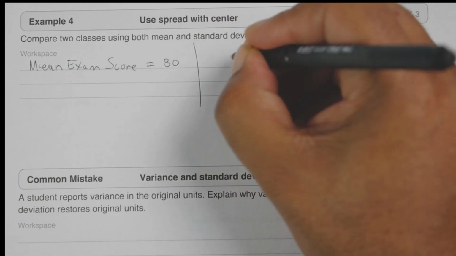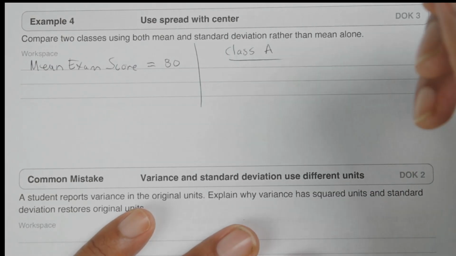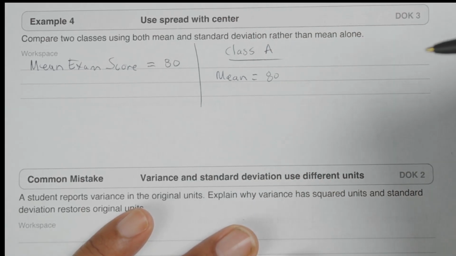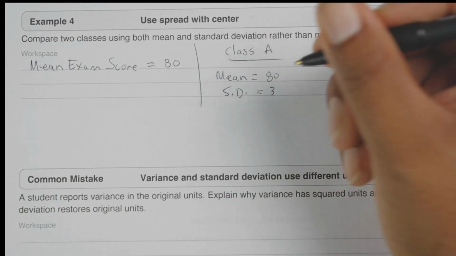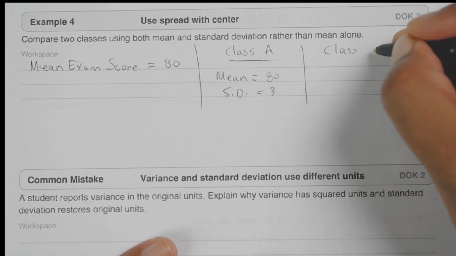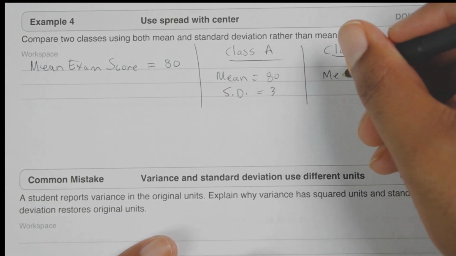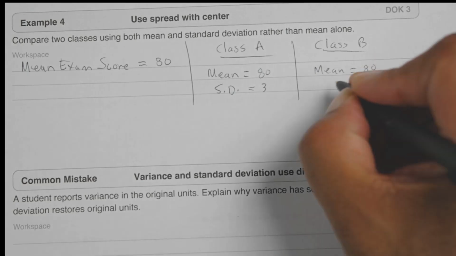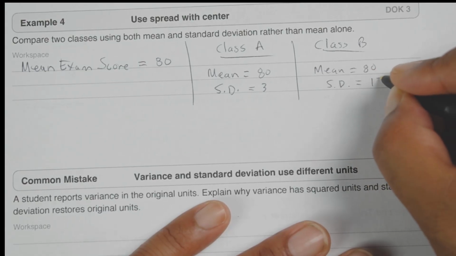But suppose you got class A, and we have some data for them. The mean is 80, but let's say the standard deviation is 3. Okay. And then we have class B, and of course their mean is the same, 80, and let's say the standard deviation here is 15.